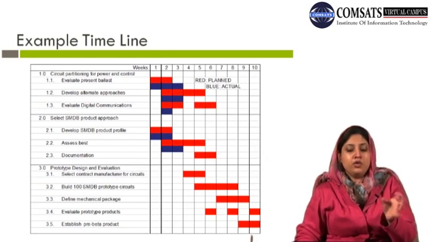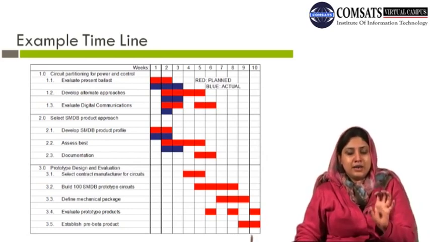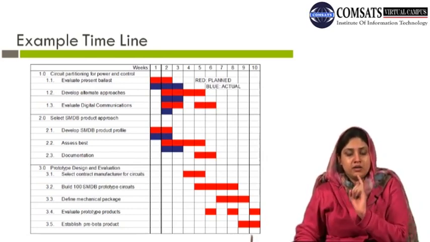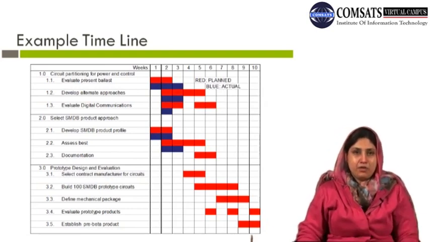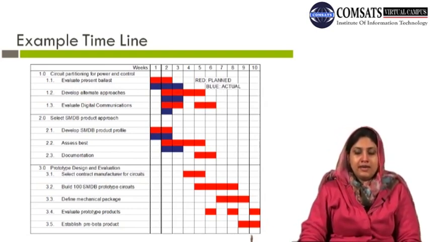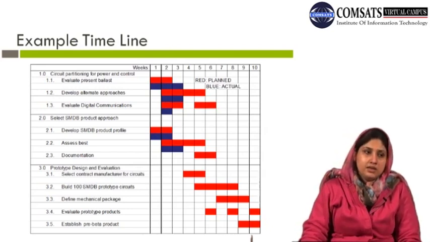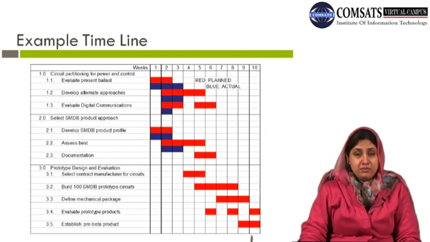So that back and forth movement can be clearly followed by this type of model. Look at the colored identification that you are providing. Red is planned and blue is actual. So there are things that can be stated which you are going to do actually, which are already there, you have already finalized.